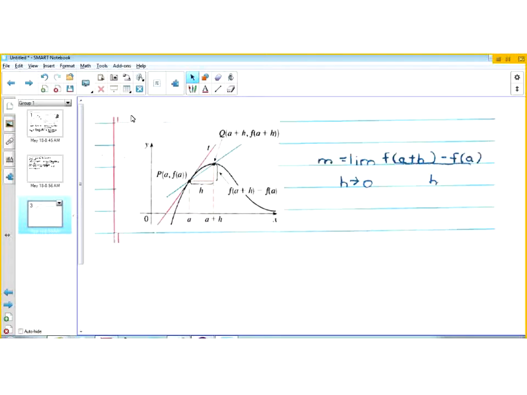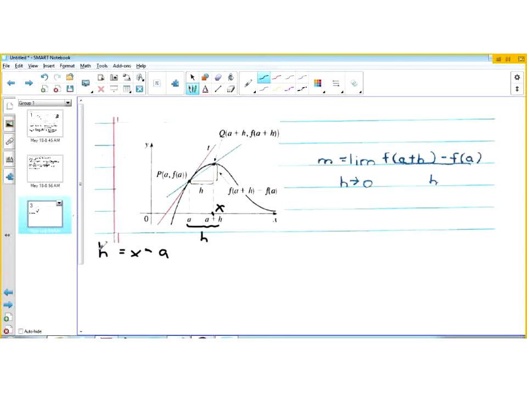And what we've done here is we let h equal x minus a. So that means that what I'm accentuating here, this distance, is h right there.